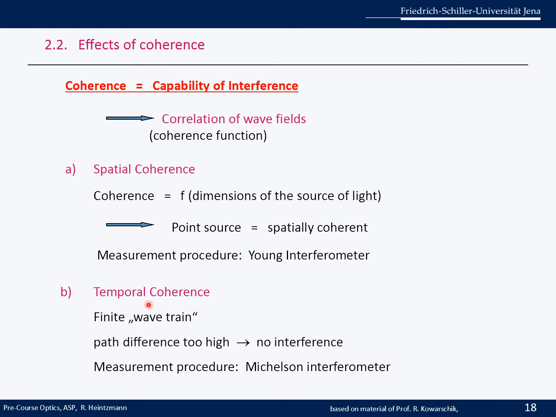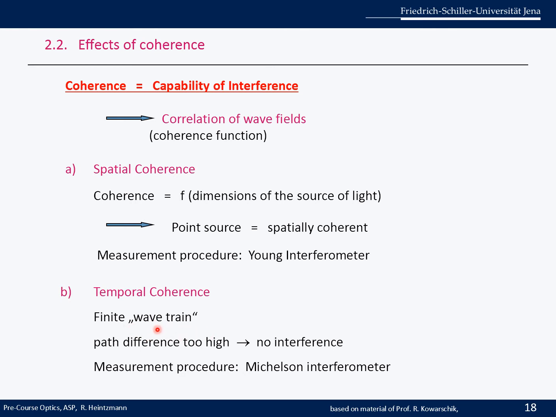In the sense of temporal coherence, you have to think that the wave train, if it is monochromatic, always has the same frequency, and therefore an earlier version of the same wave can interfere with a later version of that wave. And that only is possible if you're monochromatic.